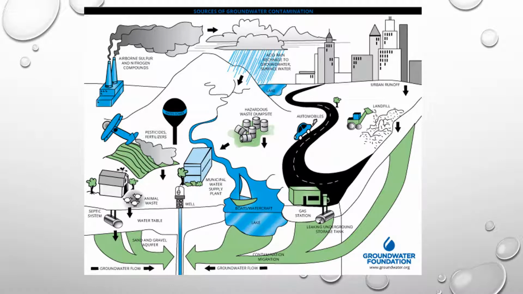Here I provided an image from the Groundwater Foundation that illustrates different ways our groundwater can be contaminated. As you can see, it's everyday things, like a gas station with underground storage tanks that could be leaking for who knows how long, and who knows how much into our groundwater, or hazardous waste that is being dumped improperly and just running off into our rivers.